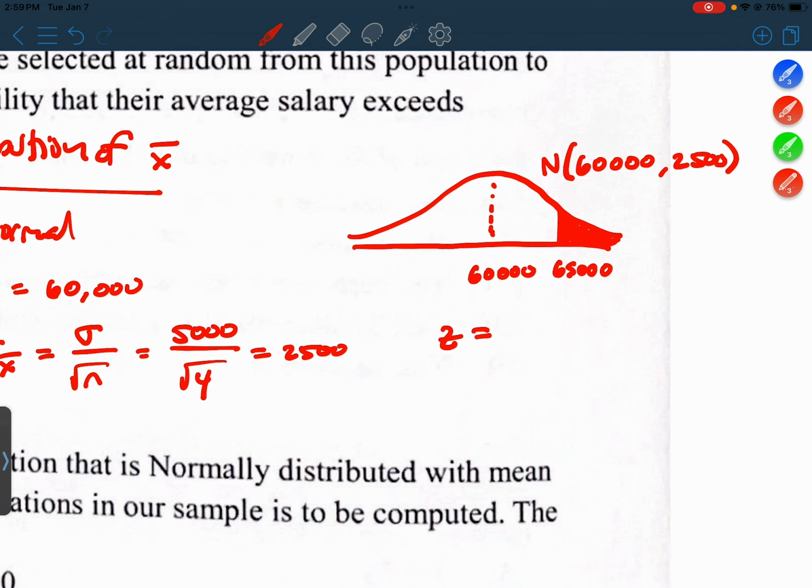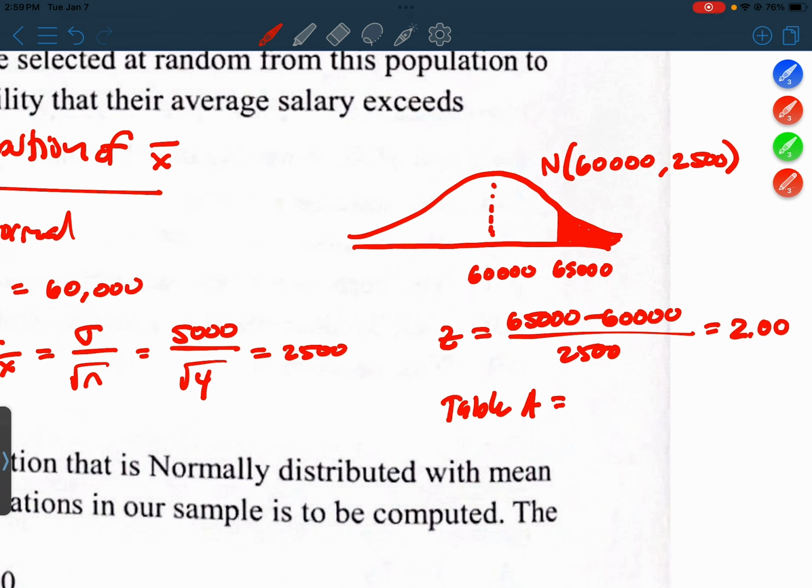Let's take our boundary value, 65,000, minus the mean, divided by the standard deviation, and I think that's going to be 2. 65,000 minus 60,000 is 5,000, and dividing that by 2,500, it's exactly 2.00.